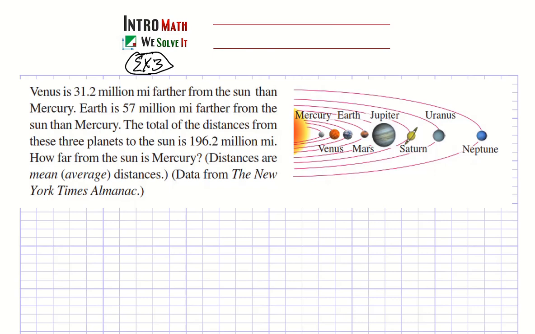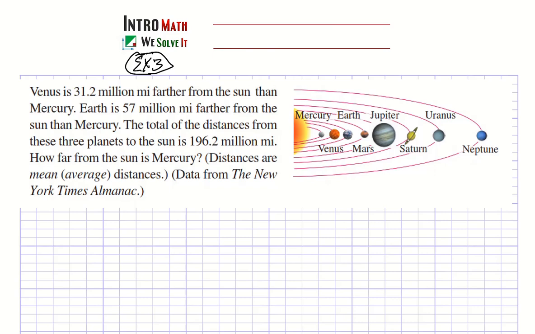Then it asks how far from the sun is Mercury. It says distances are mean average distances. That doesn't matter. I don't know why they give us that information. Because the 3 things are comparing distances, we should be able to solve it given what we know.